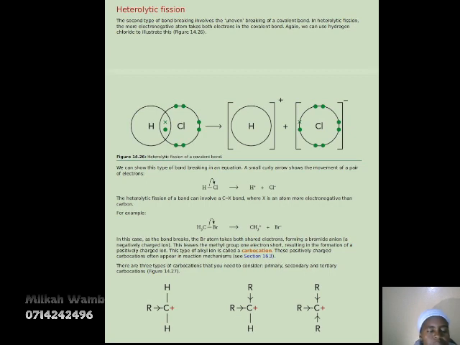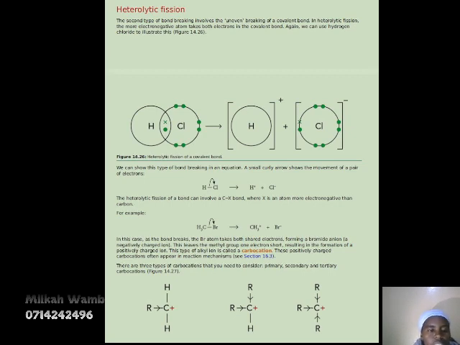In the equation, the hydrogen and chlorine bond breaks, leaving hydrogen positive and chlorine negative, with chlorine taking both of the electrons forming the bond.